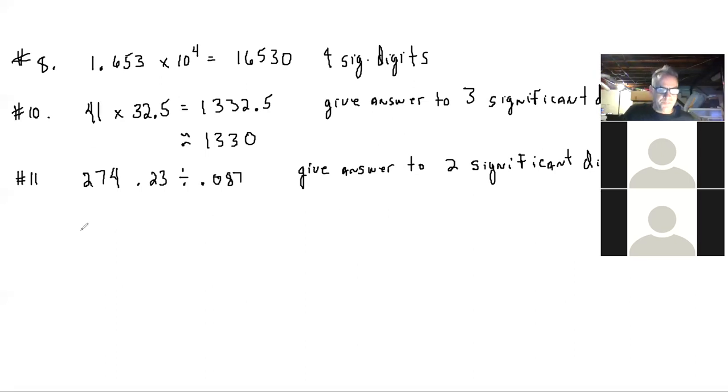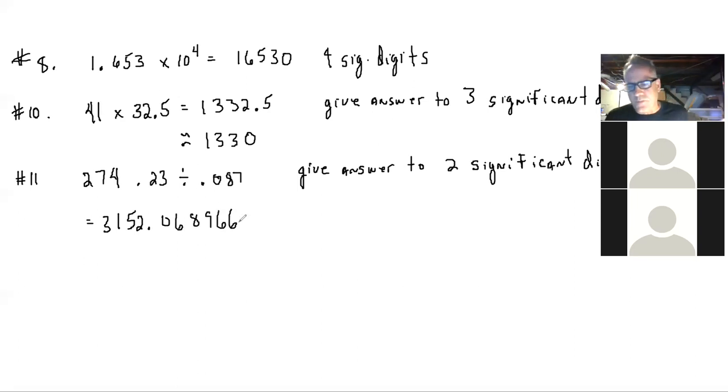All right, so if I punch in 274.23 divided by 0.087, now I come up with 3152.068966.